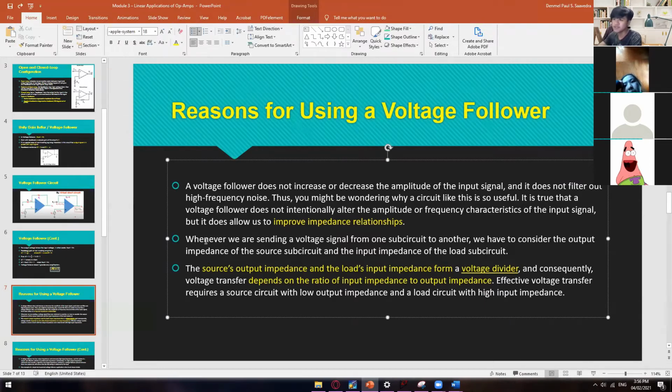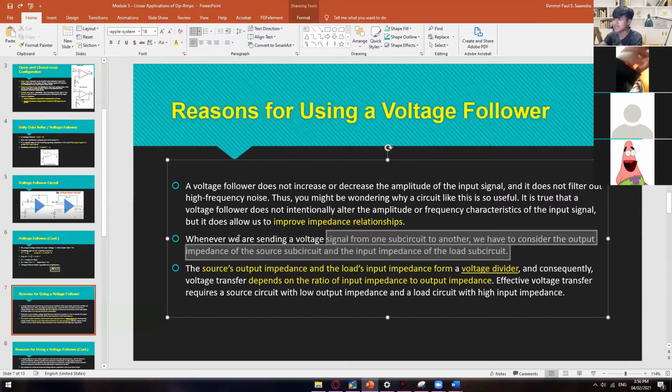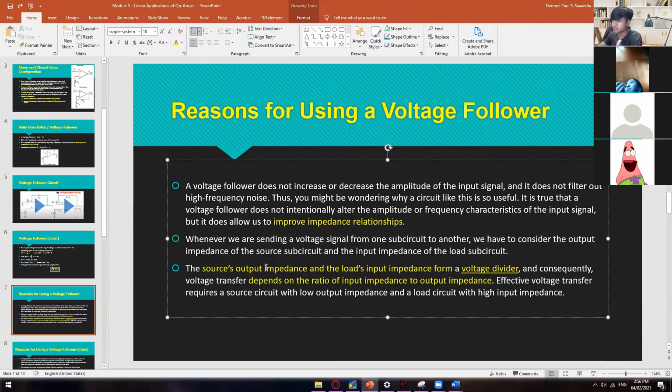Okay. So whenever we are sending a voltage signal from one subcircuit to another, we have to consider the output impedance of the source subcircuit and the input impedance of the load subcircuit. Thus having a lower voltage output. Okay. So the source's output impedance and the load's input impedance form a voltage divider.